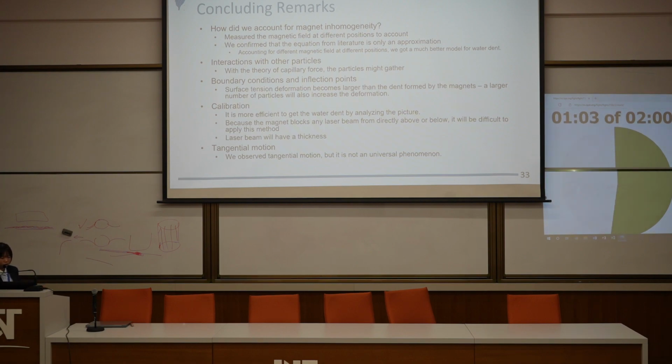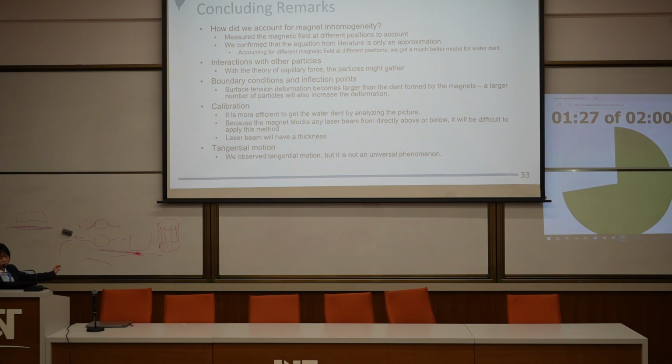So for the calibration that we did, for the measurement of the length, we still think that analyzing the picture is a more efficient way. Also, when we use a laser, it's not going to be a point, so it's going to cause an area when it hits the surface. So it's hard for us to determine which actual point the laser is reflecting on.